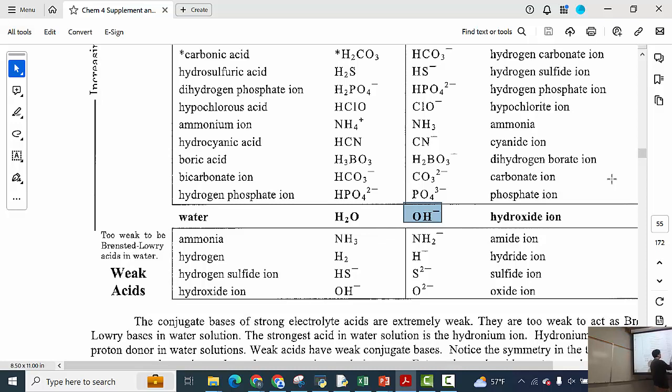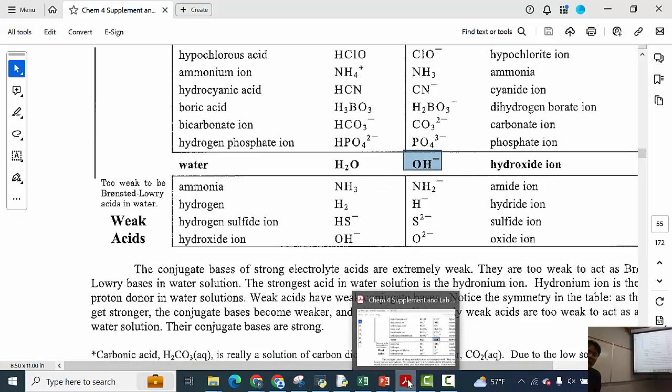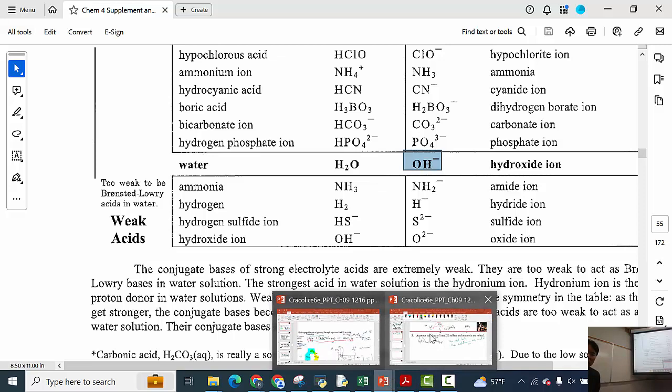So one of the chemical properties of ammonia is it's a strong base, weak base, or too weak to be even considered a base. So that was base? It's a weak base. Yeah. And what do weak bases do in water? Partially. Yeah, they partially hydrolyze water. Well, that's going to be important here.